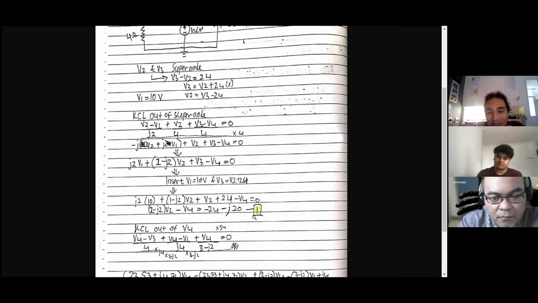I actually did the wrong step here. Actually, it is better to use V2 equal to V3, so it is V3 and V4.